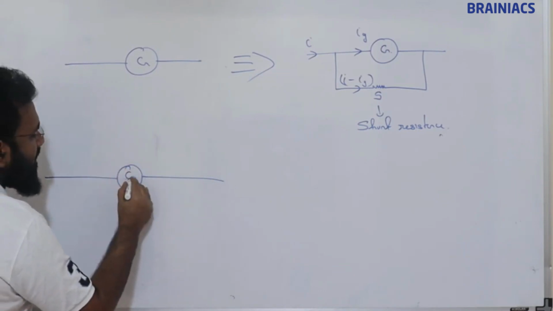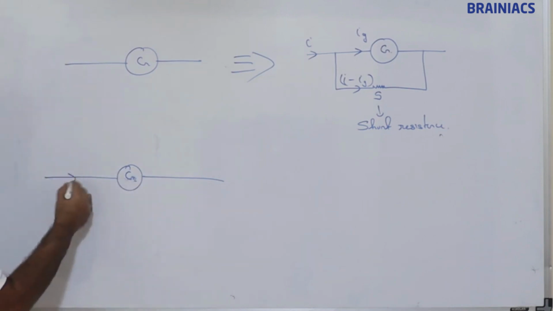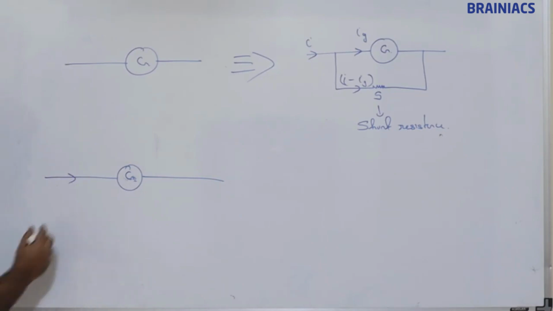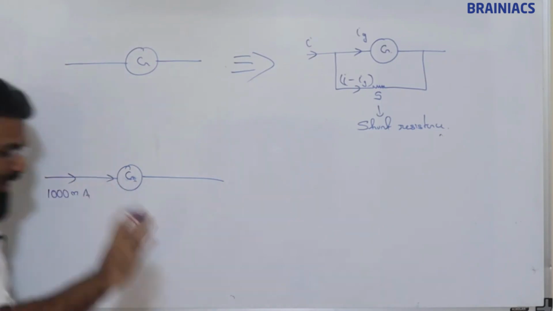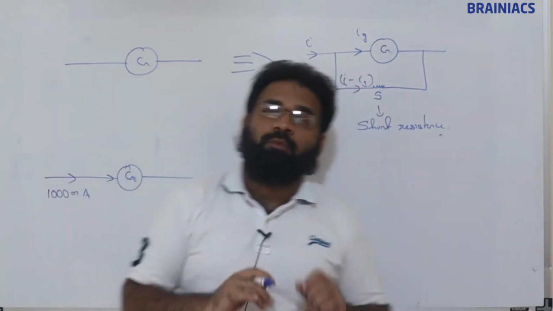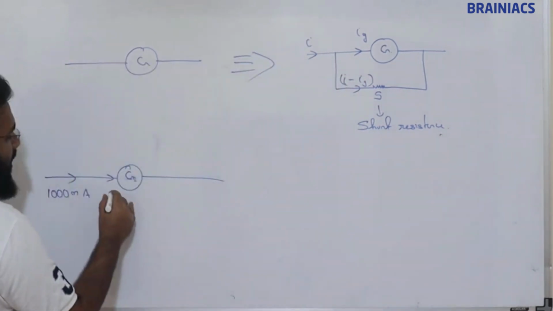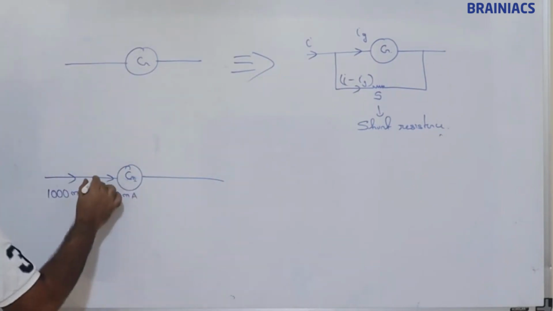This galvanometer has a resistance, let that resistance be G. Suppose 1000 milliampere current is coming. Suppose this galvanometer can handle only up to a maximum of 10 milliampere.